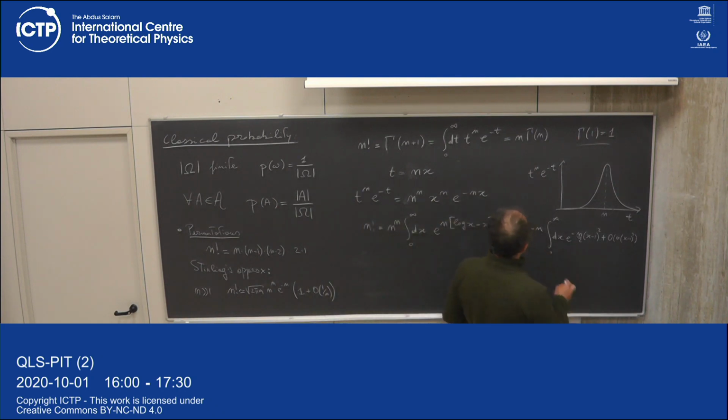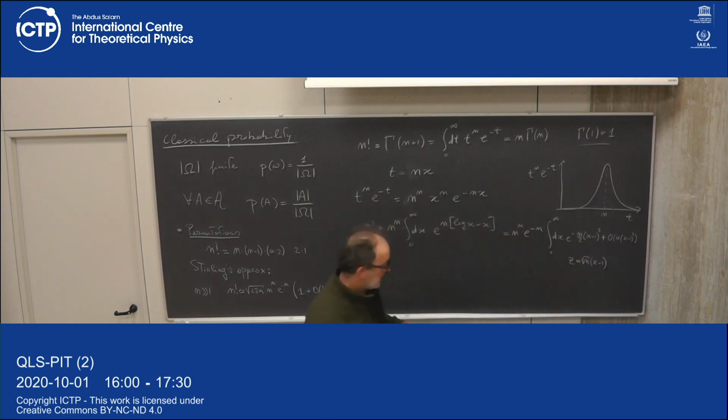We take a variable z, which is square root of n times x minus 1.